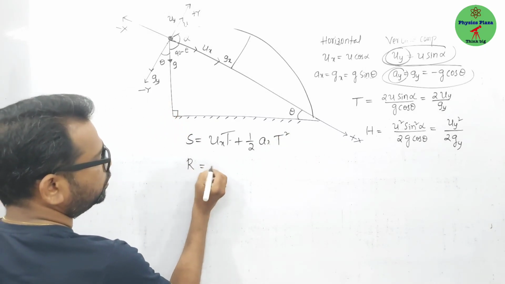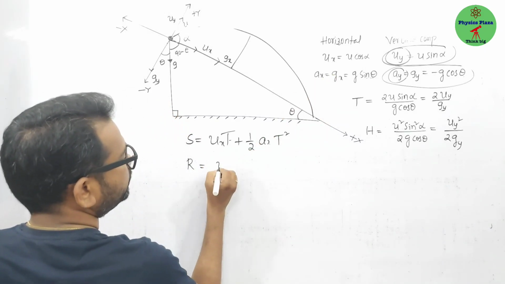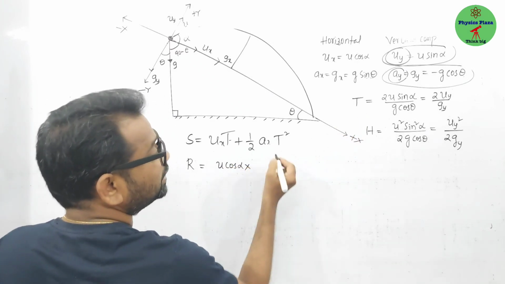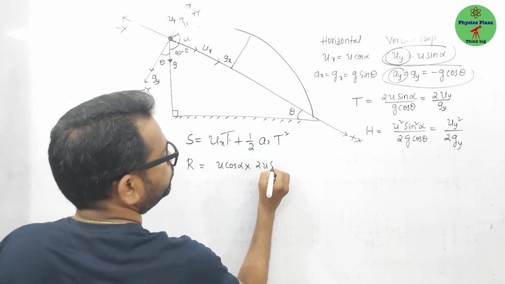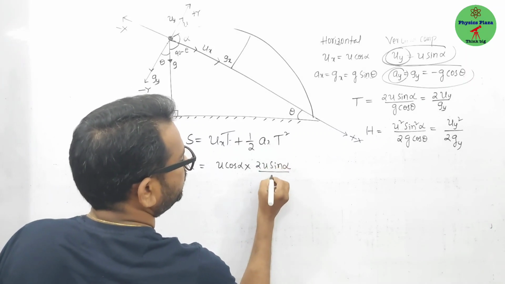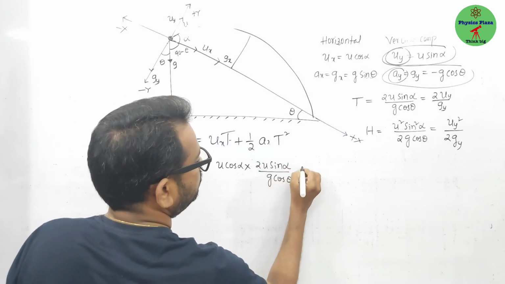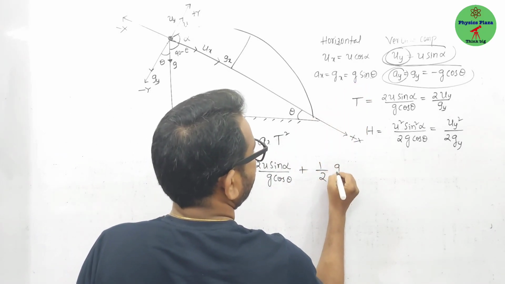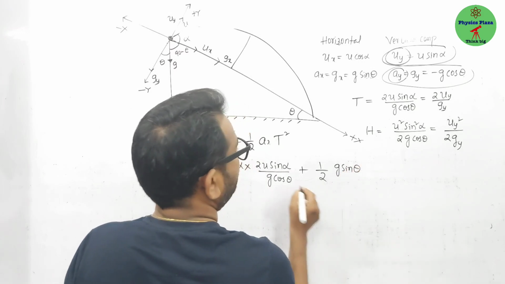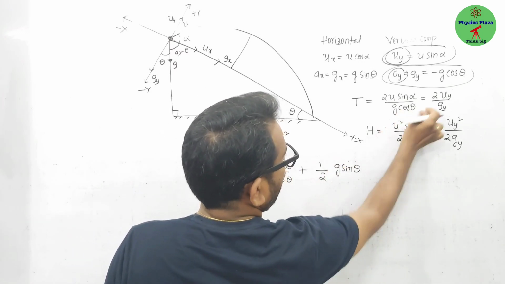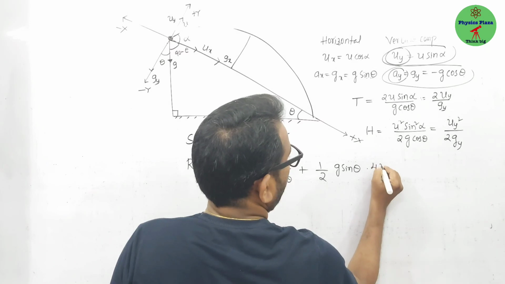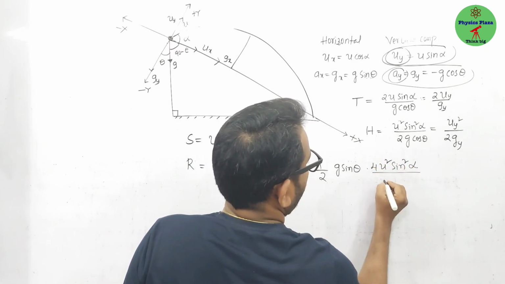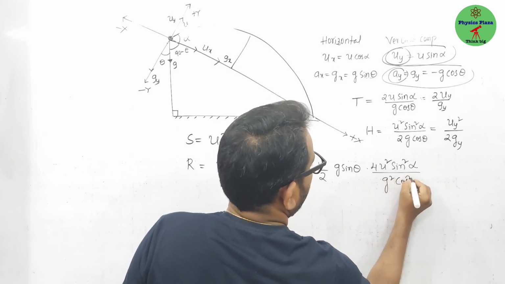R is equal to u cos alpha times the total time of flight 2u sin alpha by g cos theta, plus half ax, that is g sin theta, times T square, which is 4u square sin square alpha by g square cos square theta.